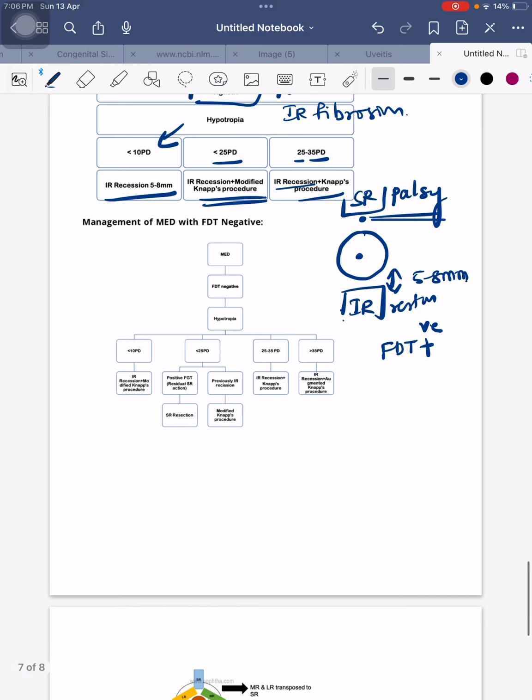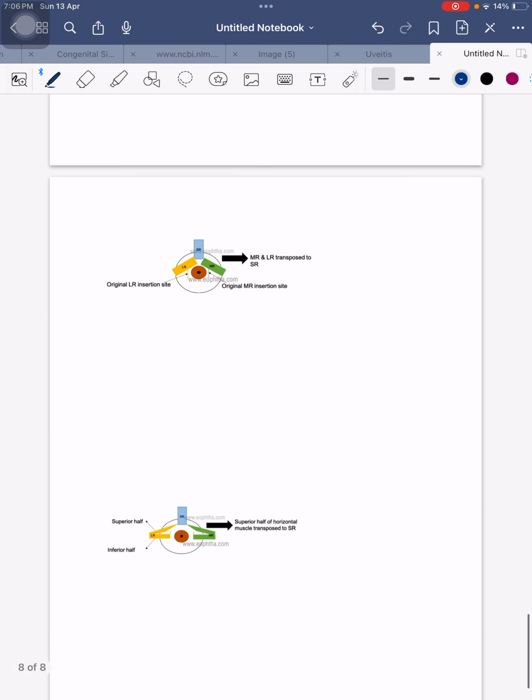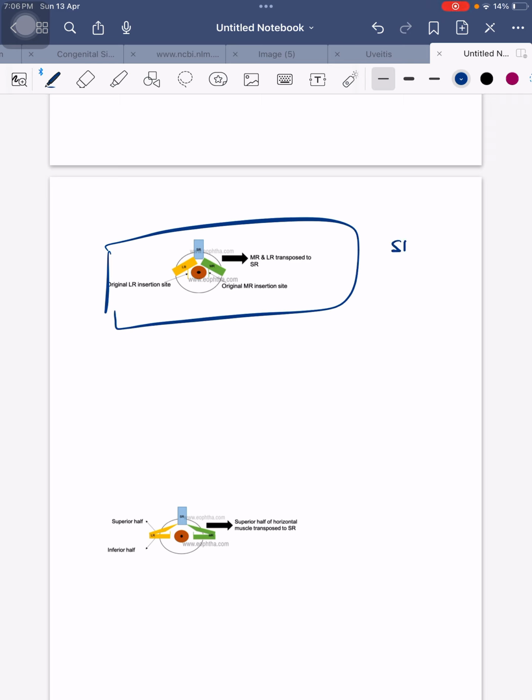Now coming to what is Knapp's procedure. This is called the Knapp's procedure. Here, because the superior rectus is paralyzed, it is weak now. Now you want to give an extra energy from the surrounding tissue. That will be your medial rectus and lateral rectus. Whatever the energy these muscles have, you are transferring that energy to superior rectus.